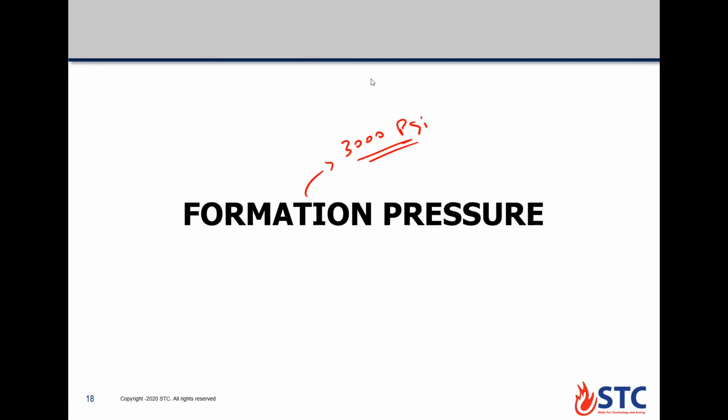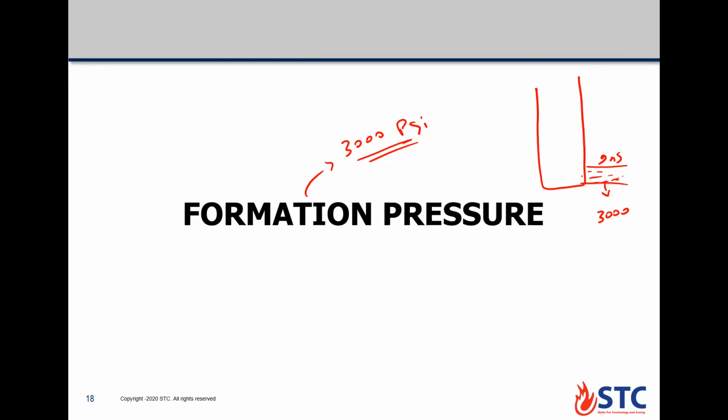So this pressure, guys, is the pressure of the fluids within the pore space. For example, if we have our well like this, and we have here our formation fluid, let's say gas, for example, the pressure of this gas here is 3000 psi.